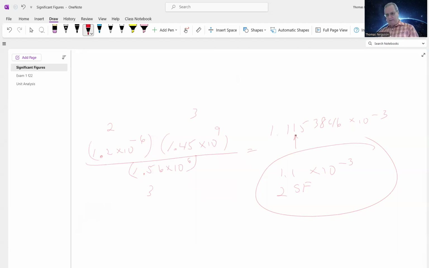Minus 6 times 145 times 10 caret 9 divided by parentheses 156 times 10 caret 6. Okay, and lo and behold, I get the same answer.